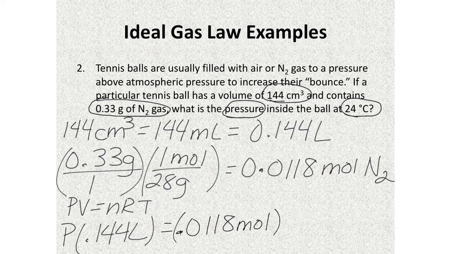R is our gas law constant, so we could actually do either one here since they did not specify what unit pressure is in. We can solve for it in either atmospheres or in torr, so you can use either constant as long as you label your pressure correctly. I'm going to do the atmosphere one.